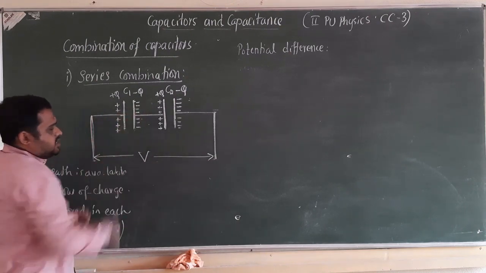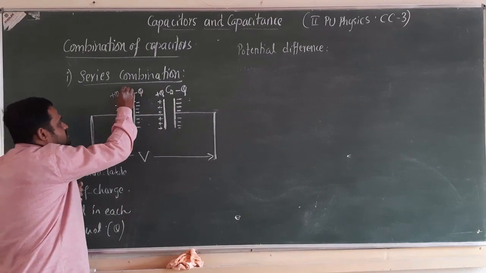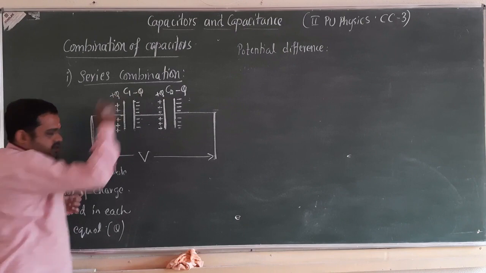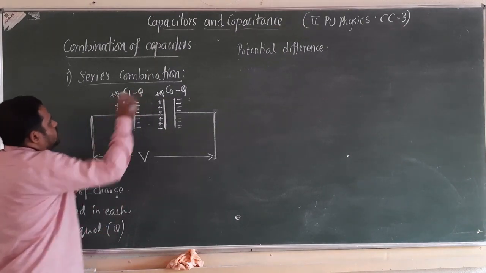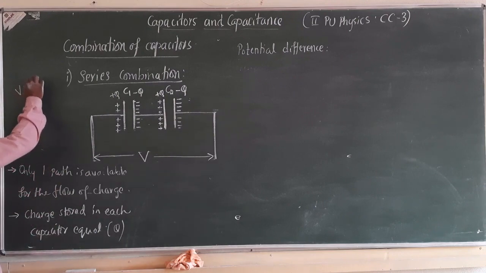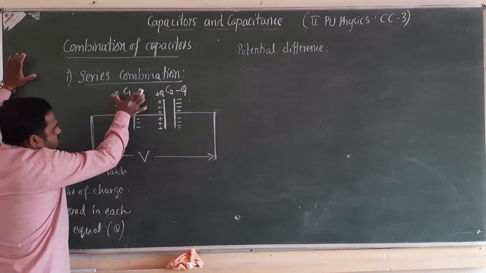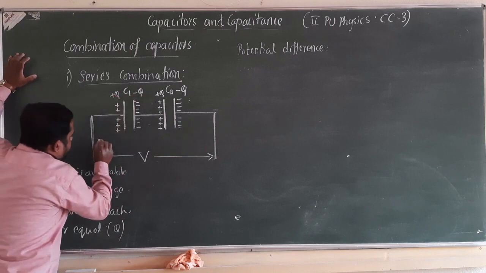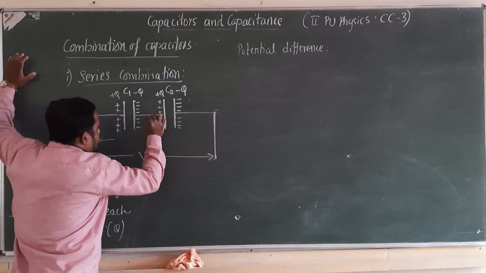See, now come to the circuit. In case of the first capacitor, its capacitance or capacity is C1. In this capacitor, a charge of magnitude Q is stored. So, when a capacitor stores charge Q, we know that the potential between the plates of the capacitor is directly proportional to Q. So, due to the charge stored in the first capacitor, a potential difference is produced between the plates of the capacitor.